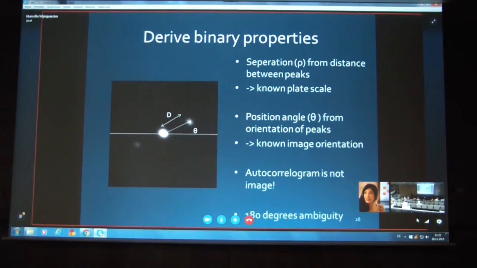And also what you can see here is that there is a 180 degree ambiguity. And this is because the separation between two pixels is calculated twice, one time for each of the pixels. And therefore we have two peaks on the side of the central peak. But fortunately there are numerical techniques to overcome this problem as well.